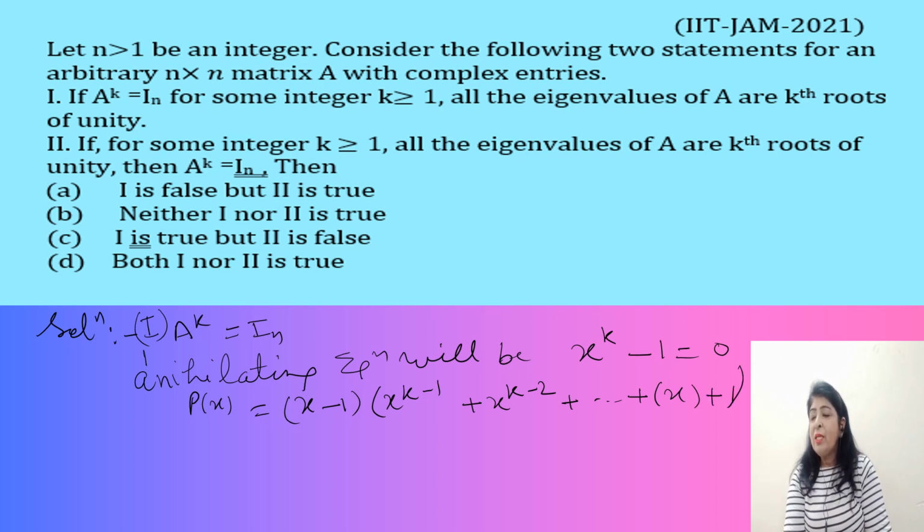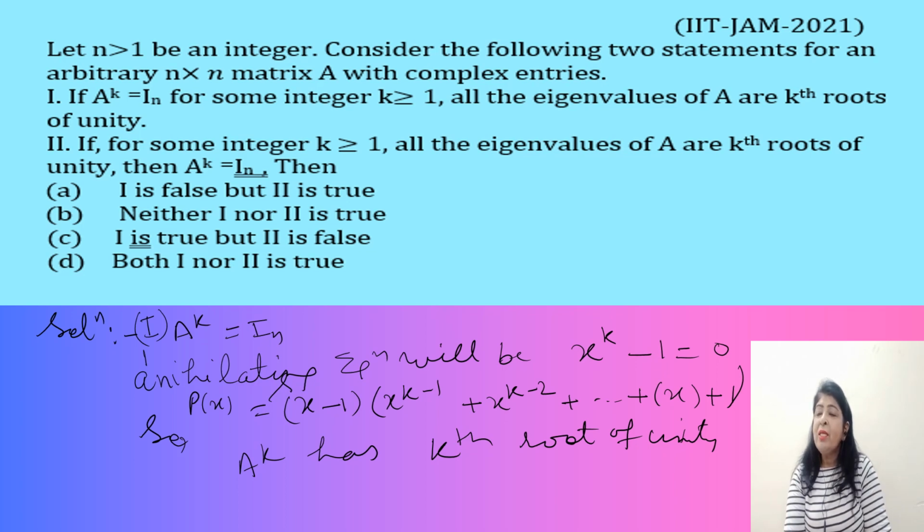Now you can see that all roots or eigenvalues of A are kth roots of unity. So x is equal to 1 is the first root, and so on. So A has kth roots of unity. So statement 1 is correct.